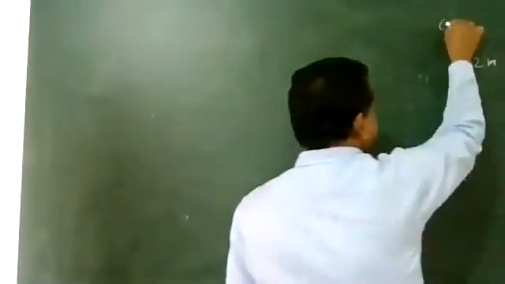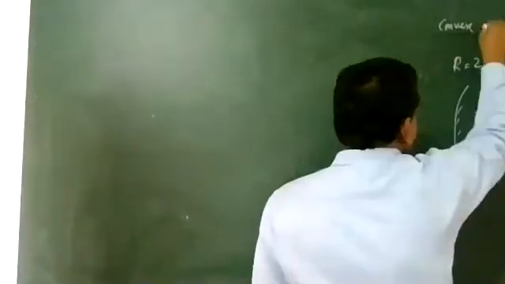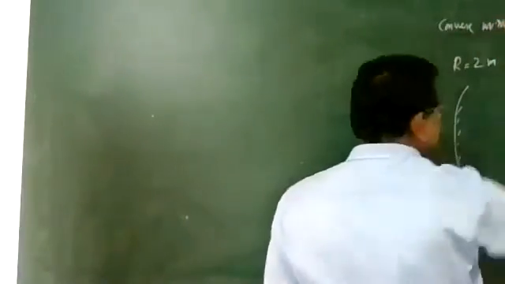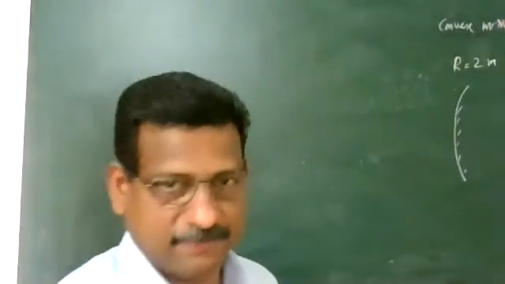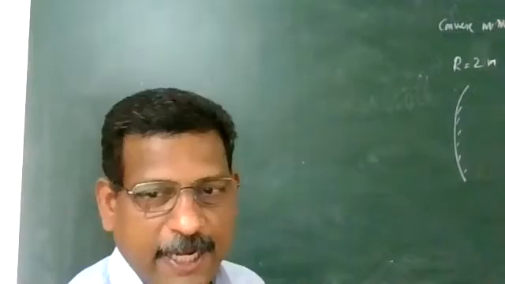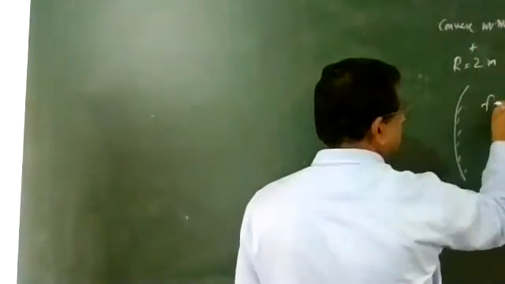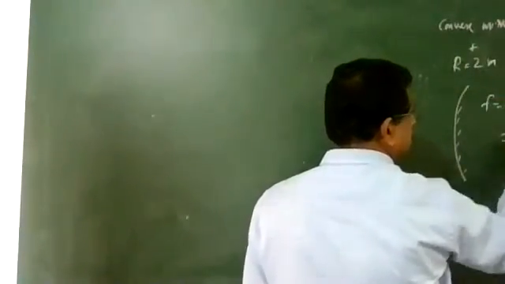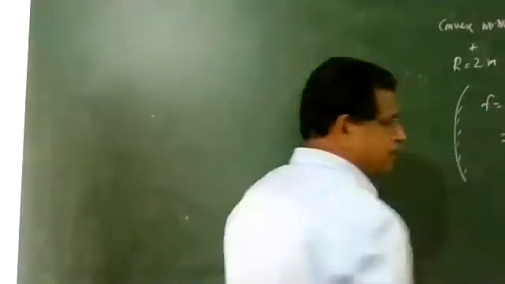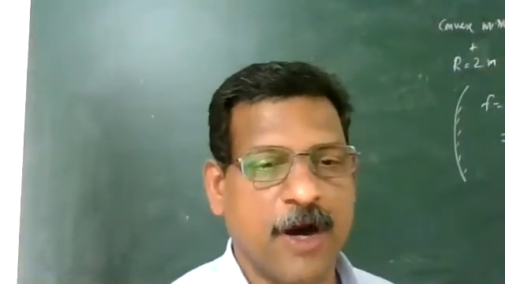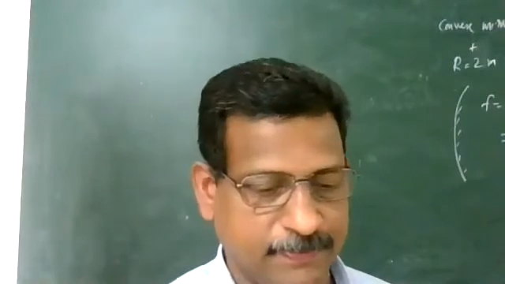The radius of curvature is 2 meter. It is a positive value, so the focal length equals R by 2, that is plus 1 meter. By sign convention, the focal length of a convex mirror is taken as positive.